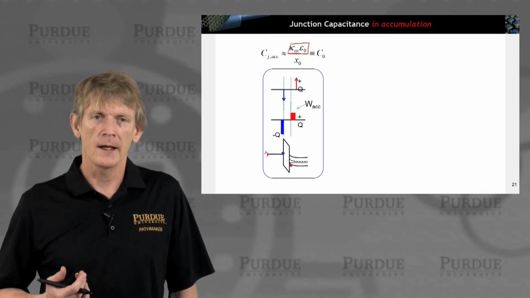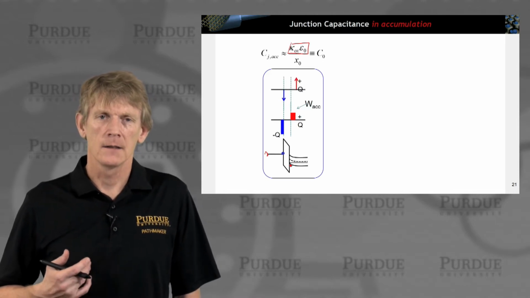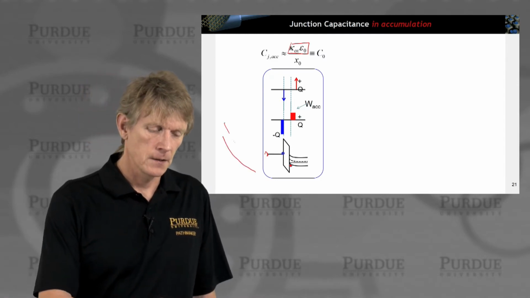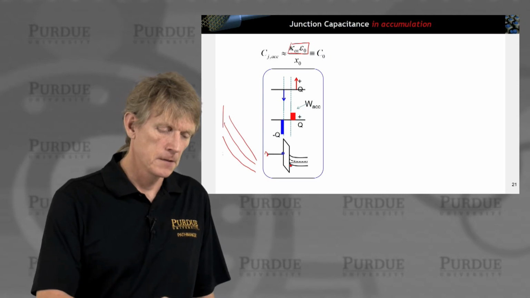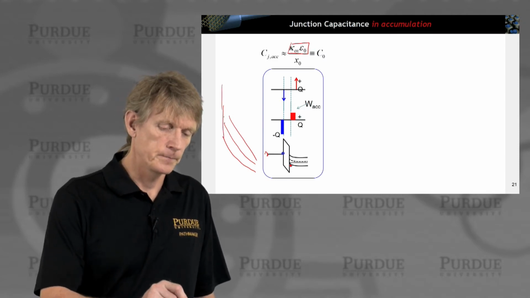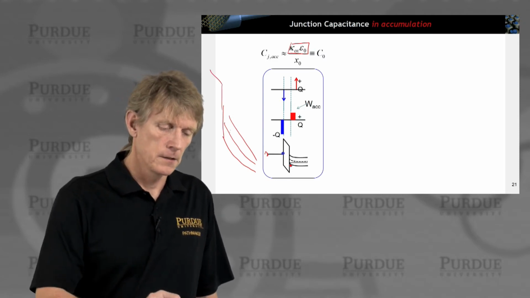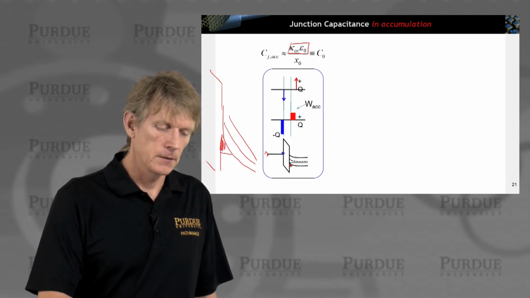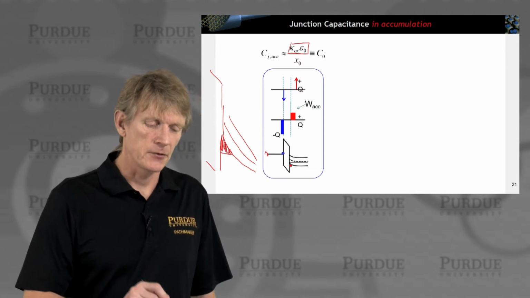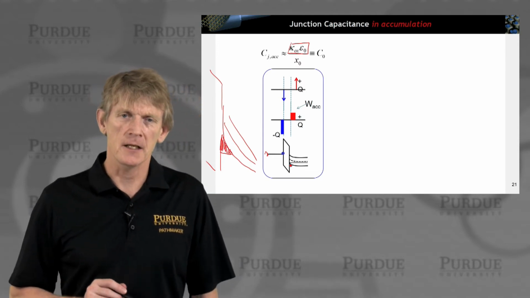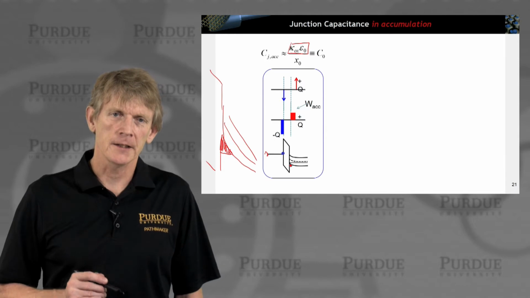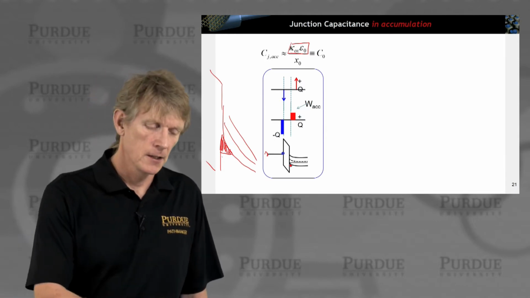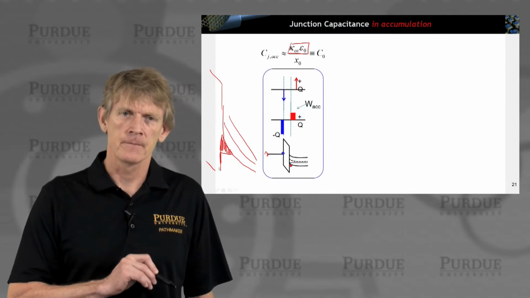If you represent this distribution of charge sitting here, I'm going to sketch it a little bit bigger. So here's the potential. Semi-classically you will have a triangular notch of charge sitting here, and it's pretty clear that this charge is not just a perfect delta function right at the interface.